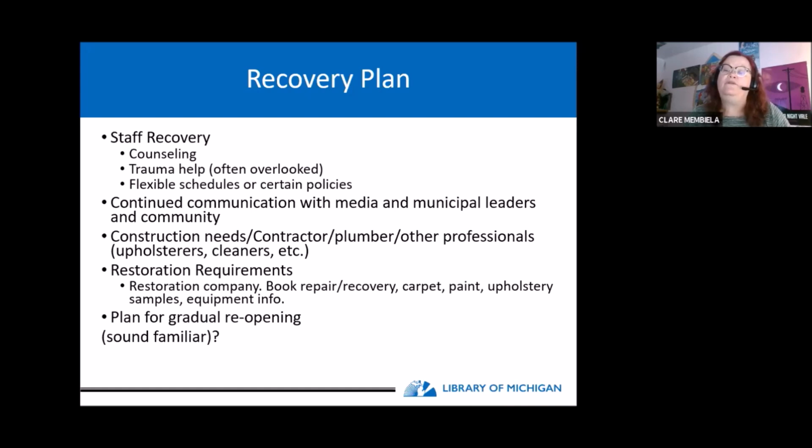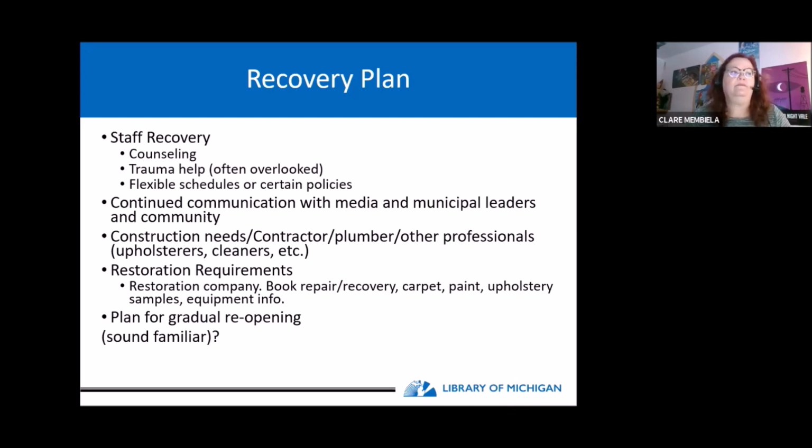So it's important, particularly for managers and directors and boards, to understand that trauma and understand what they can do to help mitigate it and deal with it in order to help their staff get to the point where the library is back to operating optimally and in a manner that is best for its community and its assets. And I think one very important thing to recognize is not everybody experiences the same trauma. Continued communication with the media and municipal leaders and community.